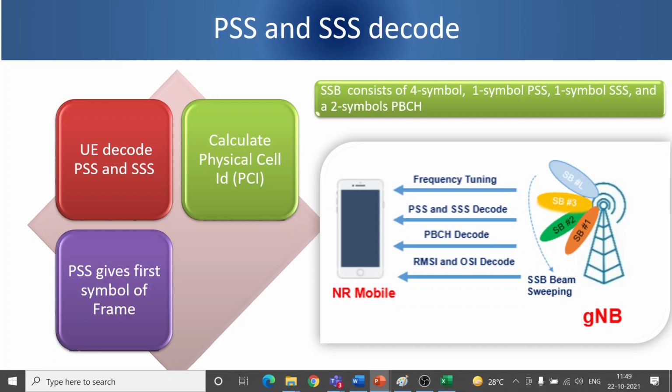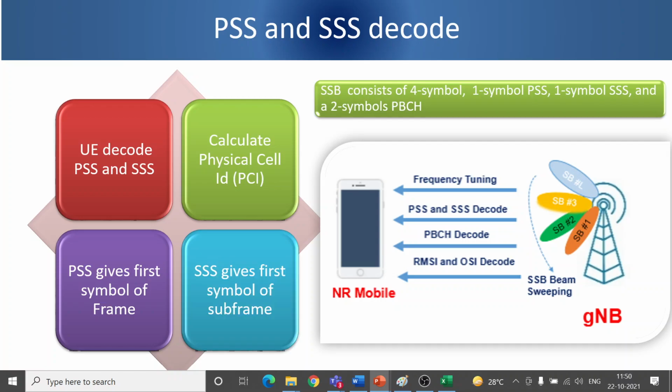With that sequence, your user equipment will be able to know the first symbol of a frame. As we are aware, our frame size is 10 millisecond in 5G, and every 10 millisecond a new frame gets transmitted. So in terms of timing, it will know when a frame is starting, so it is able to synchronize up to the level of a frame.